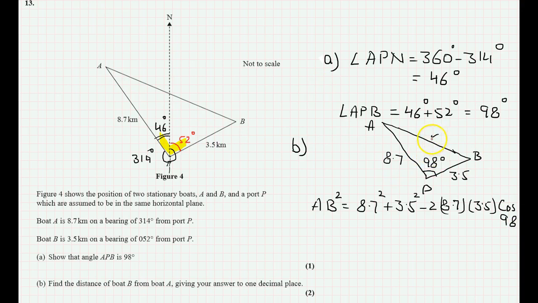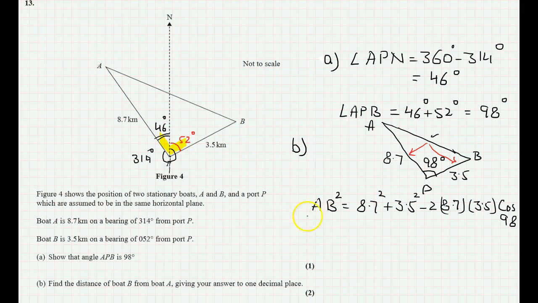So we have to calculate the length of this side. We take the square of this side, then the square of this side, then multiply both sides by 2 and cos 98. We are going to use the cosine formula.